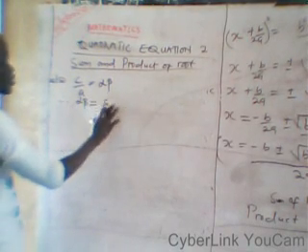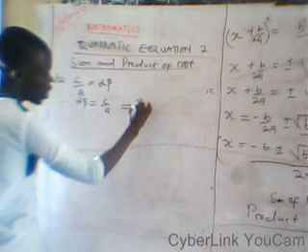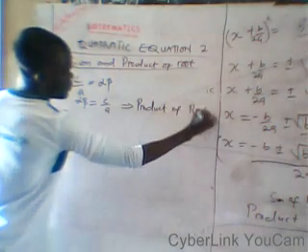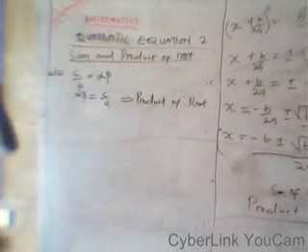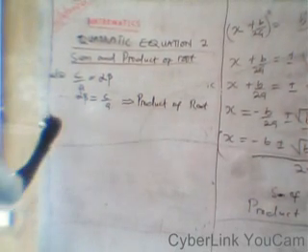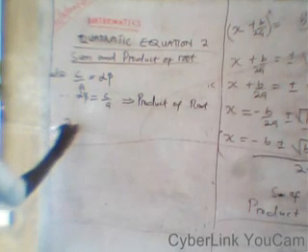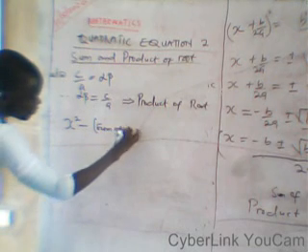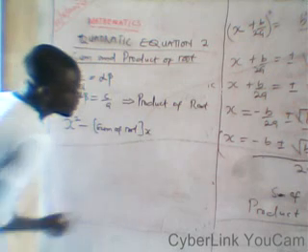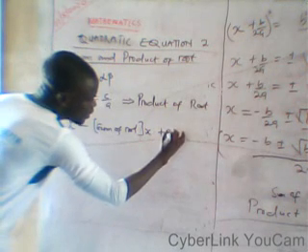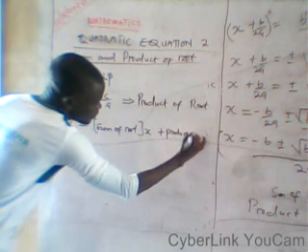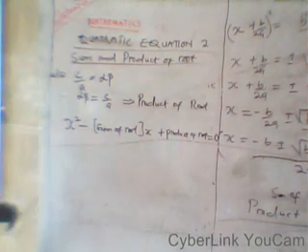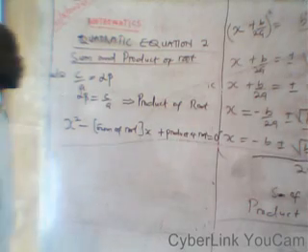That one we call the product of roots. I think that one is clear. So, in conclusion, someone can just say that the general quadratic equation is x squared minus the sum of roots times x plus the product of roots, everything equals 0. Are you getting it now? So that's all.